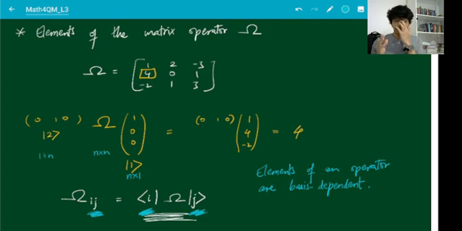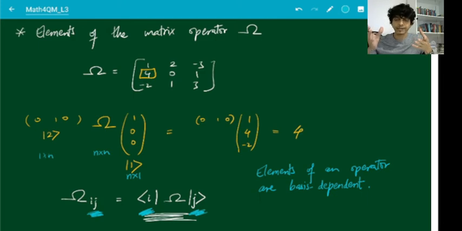Again, remember, I said this when I was talking about vectors also. A certain vector remains the same. If you're talking about a physical vector like an electric field or an acceleration, the physical thing remains the same. The only thing that changes are its components, because you're choosing a different basis. The components of the vector are basis dependent, but the vector itself is the same. Similarly over here, the physical sense of the operator is the same.